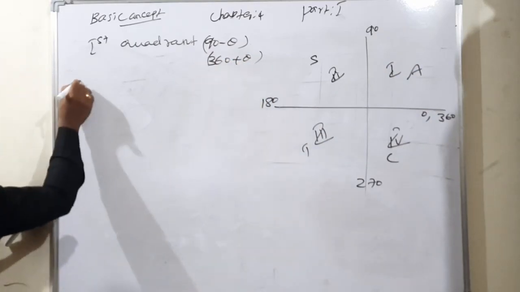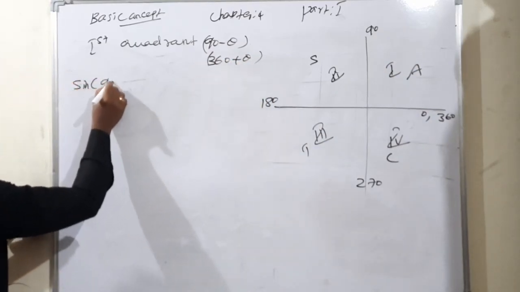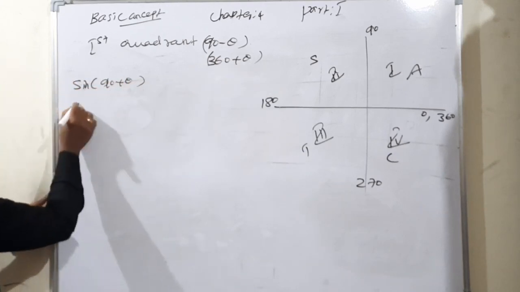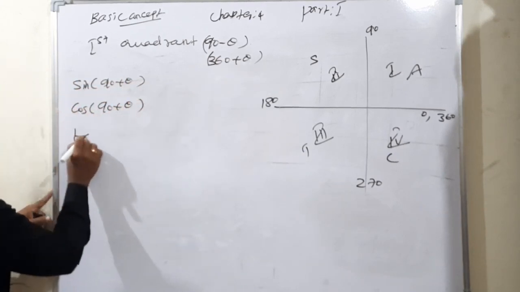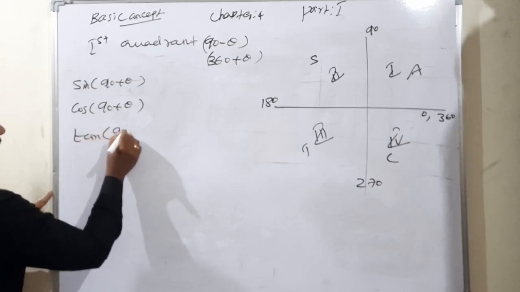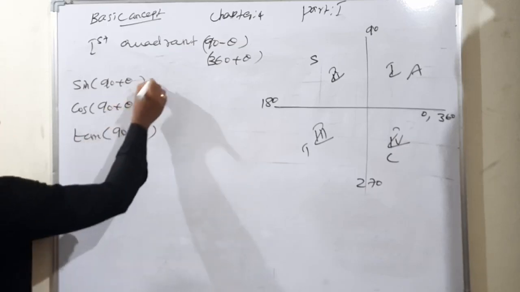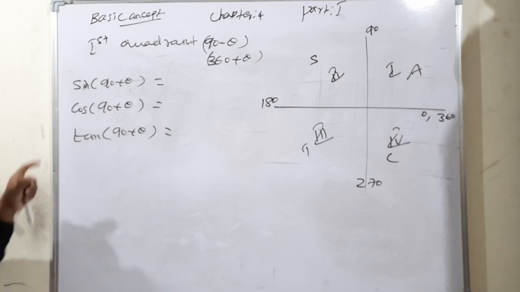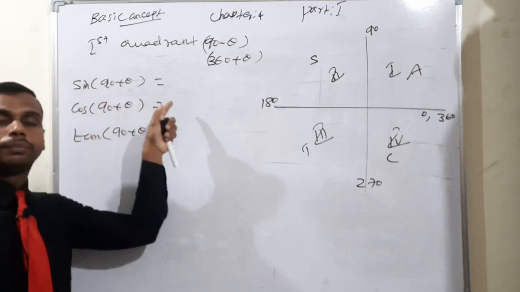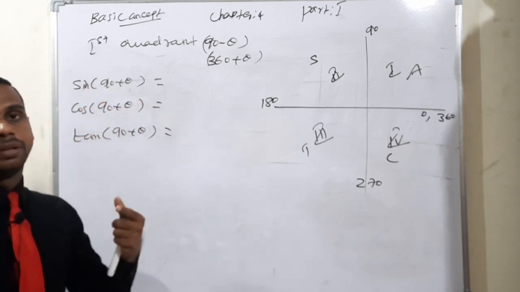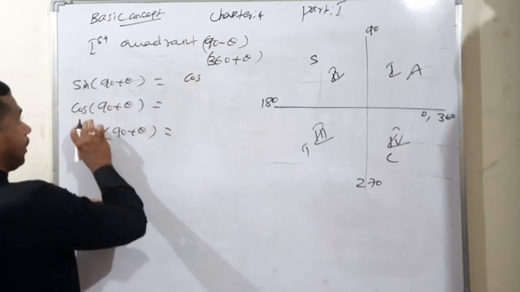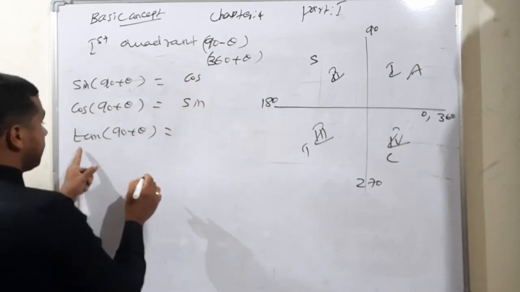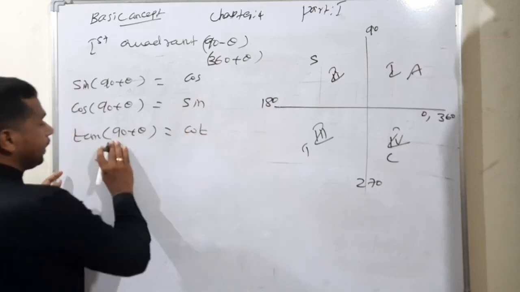First one, sin 90 plus theta, then cos 90 plus theta, then tan 90 plus theta. First simplify. This is vertical. What did I say? If vertical, the name will be different. Sin becomes cos, then cos becomes sin, tan becomes cot. This is vertical.